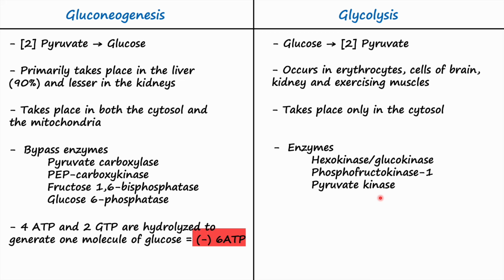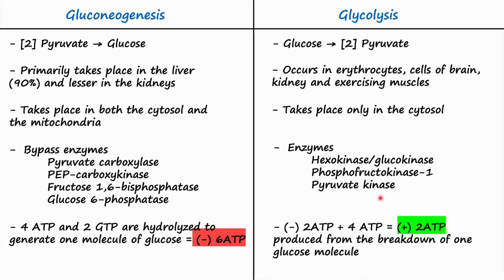So basically, it consumes 6 molecules of ATP. Whereas glycolysis uses 2 molecules of ATP in the beginning, and then synthesizes 4 molecules of ATP, and if you do the math, it synthesizes a net of 2 molecules of ATP from the breakdown of 1 molecule of glucose.